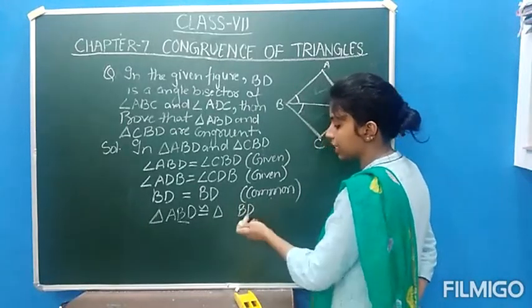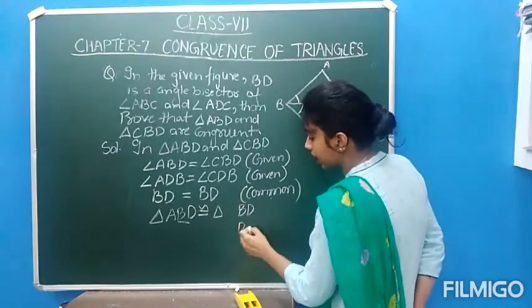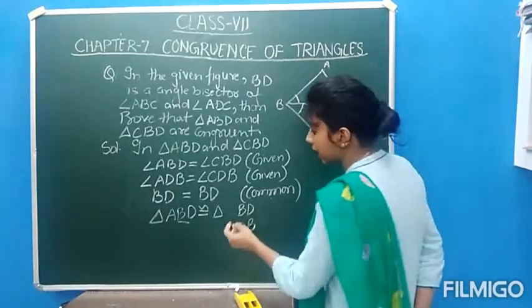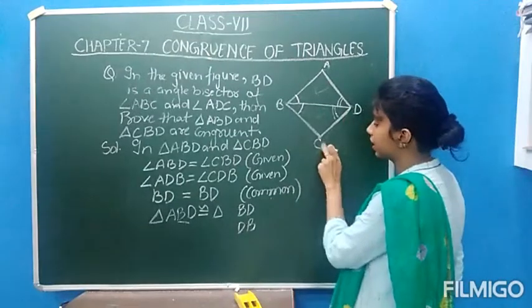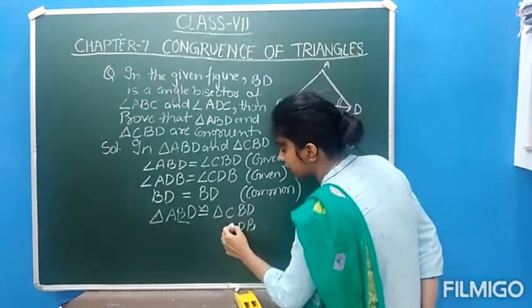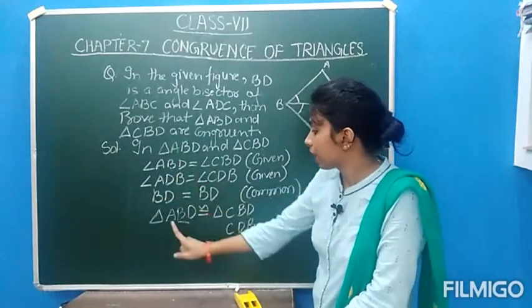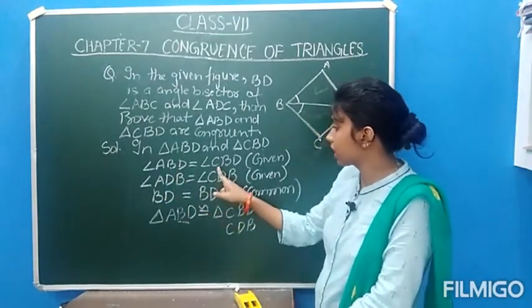We can write this BD two ways, BD or DB. Let's try both. One vertex is left, so here we write C. Let's check both. Here we have ABD equal to CBD.